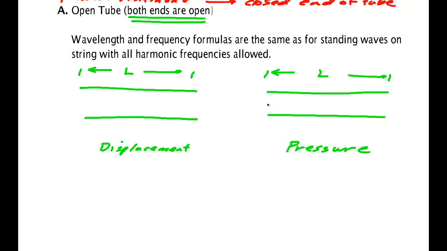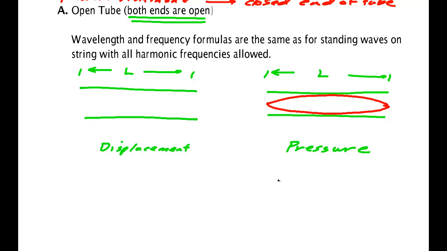For the pressure case, the wave will have no displacement at these ends. And so the possible wavelengths is a wave that looks like that, or equally it could be like that. But it ends here.